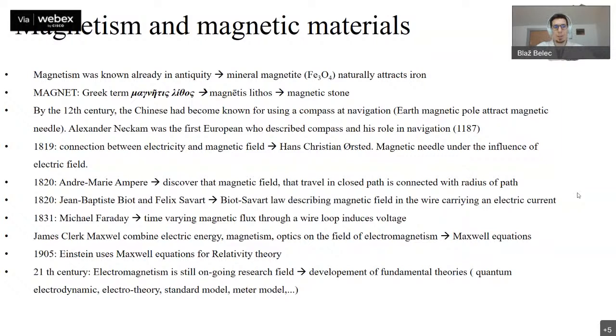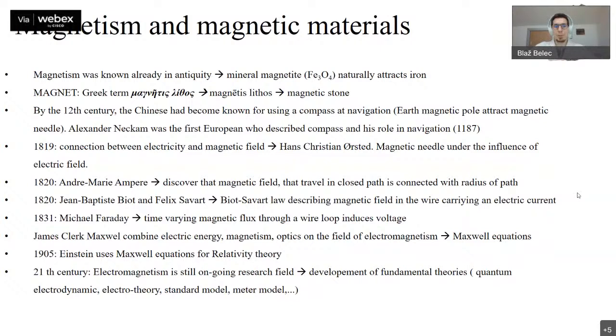In 1820, André-Marie Ampère discovered a magnetic field that travels in a closed path, and that this is connected with the radius of the path, so how the strength of the magnetic field decreases or increases.